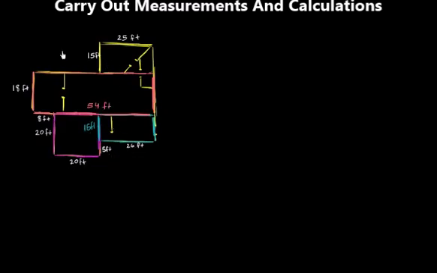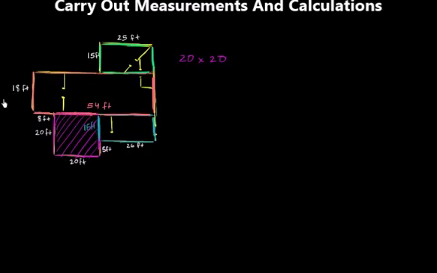And then finally, we have one last rectangle to deal with. This rectangle right over here is 15 feet long and 25 feet wide. And so now we can calculate the areas of the different rectangles. The total area is going to be the 20 feet by the 20 feet, so let's just multiply them: 20 times 20, that's this area right over here.